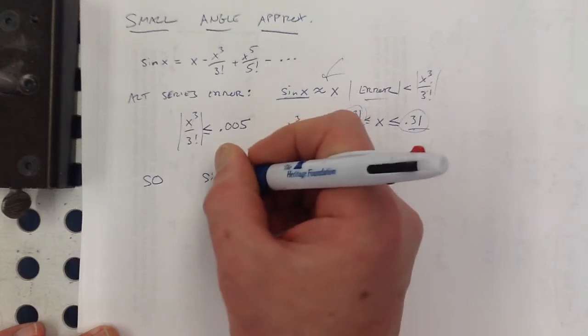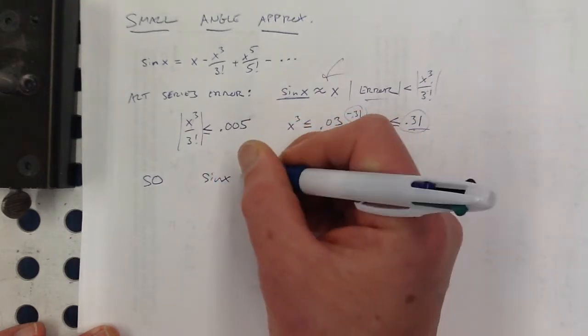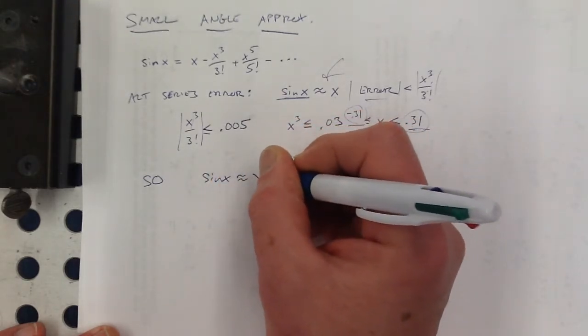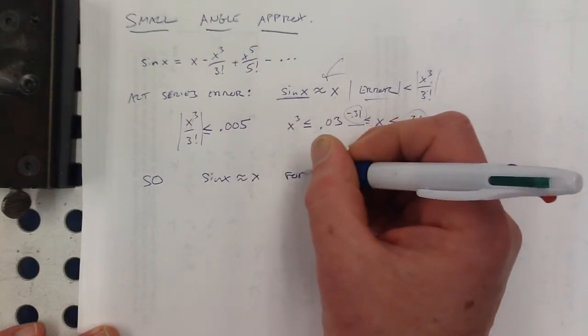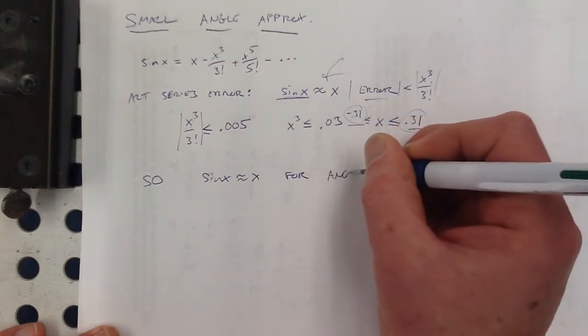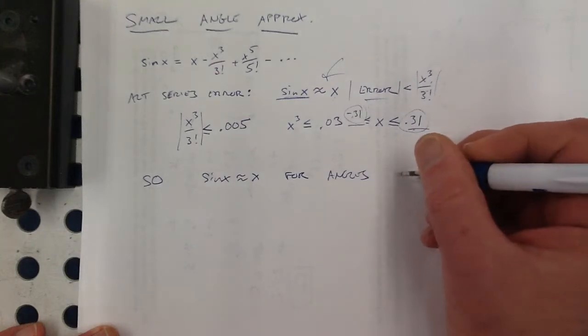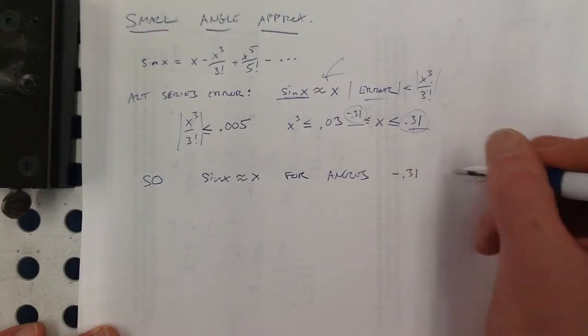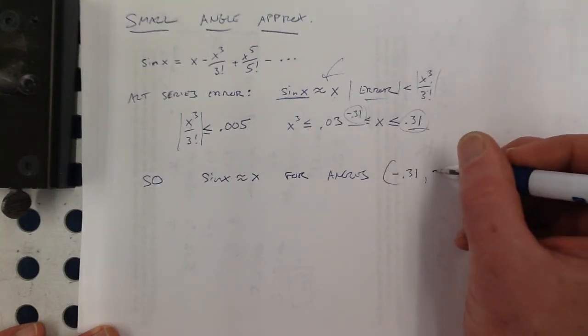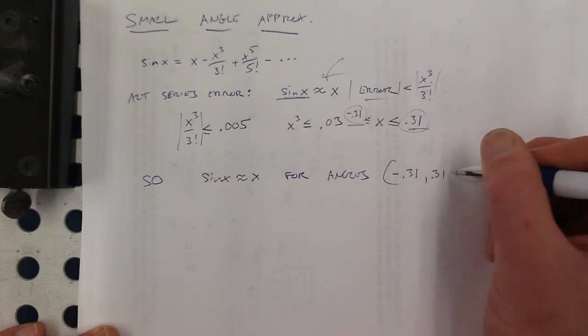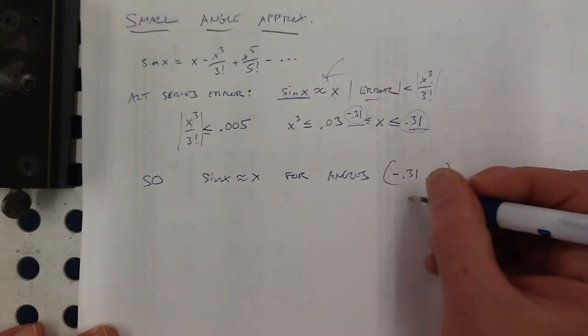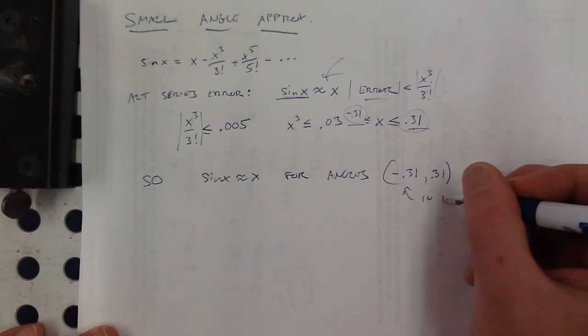Sine x is approximately equal to x for angles between negative 0.31 and 0.31. But recognize that these are in radians.